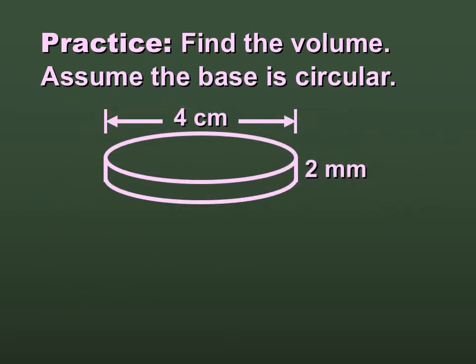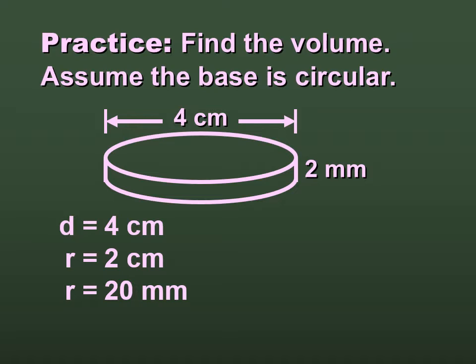Next one. Here we have a circular cylinder, and it did not give us the radius again. It gave us the diameter. The diameter is 4, but we know if the diameter is 4, that means the radius is 2. Here's something that is almost a trick question. The diameter is 4 centimeters, but the height is 2 millimeters, which means we need to convert.